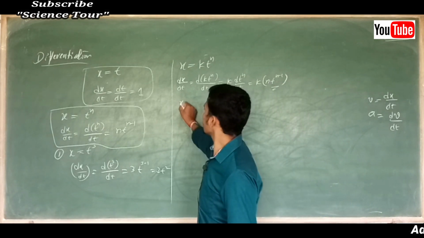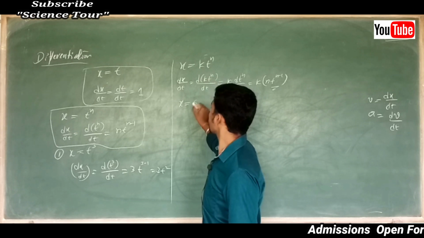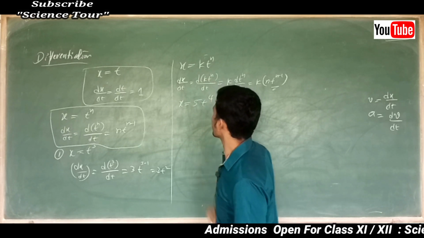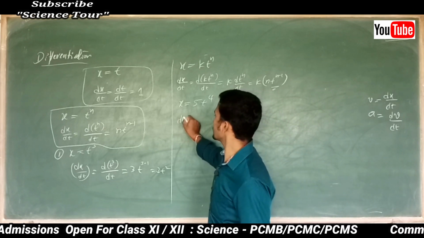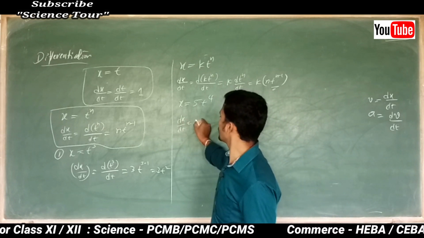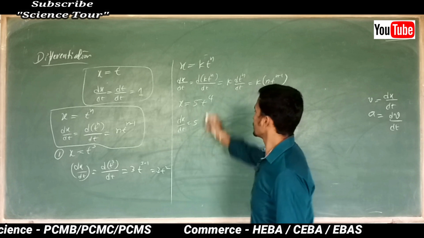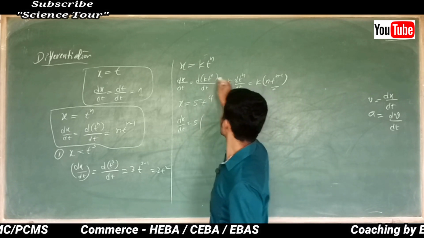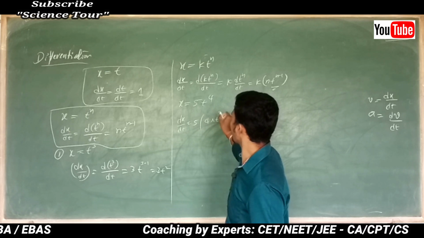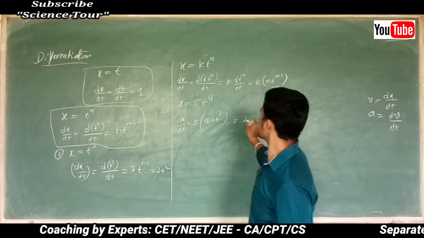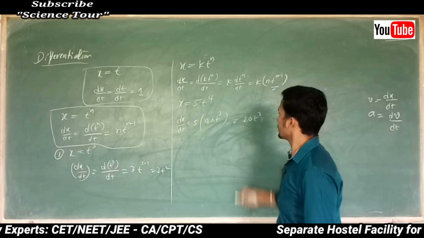So now I will give you an example: x is equal to 5t to the power 4. You have to take 5 out, so dx by dt is equal to 5 times 4 into t to the power 4 minus 1, which is 3. So it becomes 20t to the power 3.